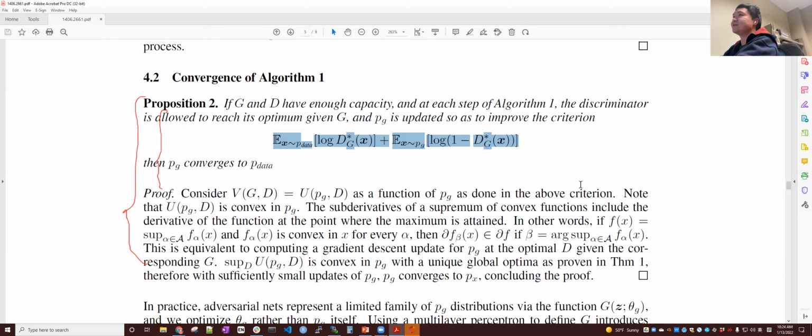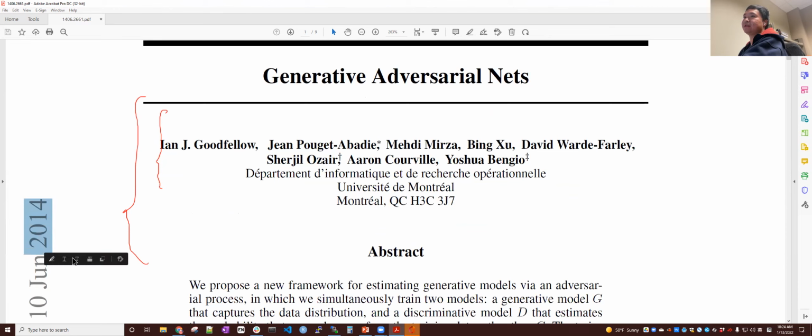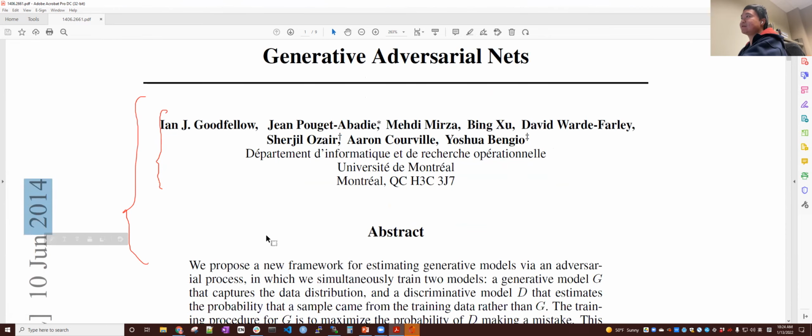So that's pretty much about GAN. Do you have any questions? Is this the original paper that introduced it? Yeah, it's the original paper. A year ago, pretty new.